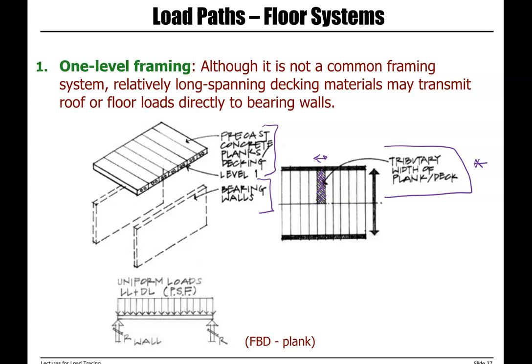So we have one plank here, we have the length of that plank, we have dead load and live load, and it's an areal load, pounds per square foot. We calculate the reactions, and these reactions are the loads transferred to the bearing wall.